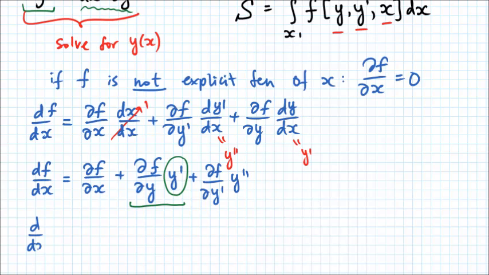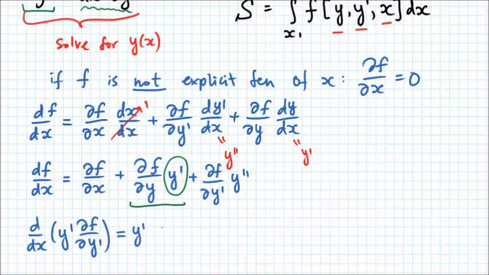We'll write full derivative with respect to x of y prime times partial derivative of f with respect to y prime. So this is a derivative of a product. We know how to handle that.